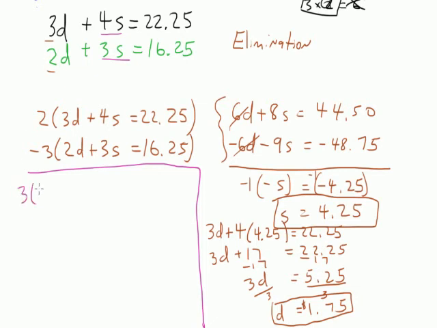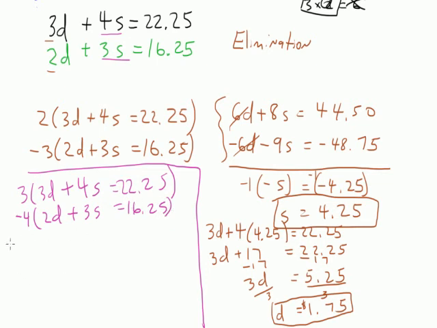Doing that, I'll get 3 times 3D plus 4S equals $22.25. The second equation I'll multiply by -4, to give 2D plus 3S equals $16.25.